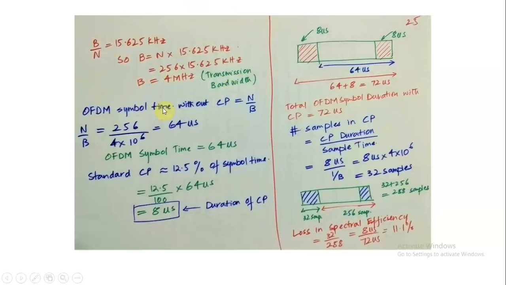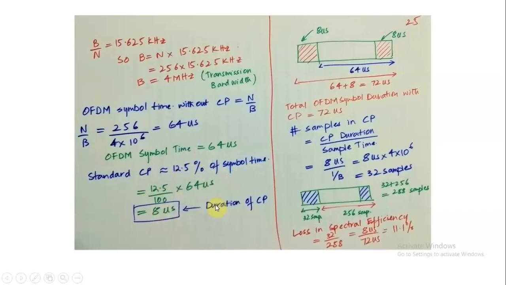So the OFDM symbol time without CP is equal to N over B. N over B is around 64 microseconds. So the OFDM symbol time is 64 microseconds. The standard CP is most of the time approximately equal to 12.5% of the symbol time. So if you put in the values, 12.5 divided by 100 times 64 microseconds turns out to be 8 microseconds.